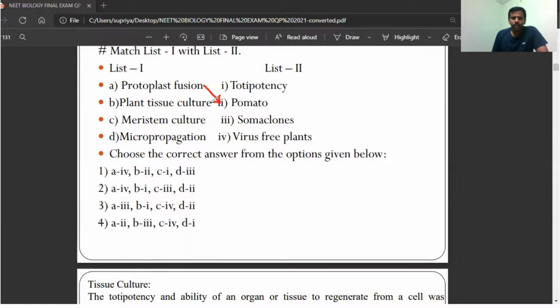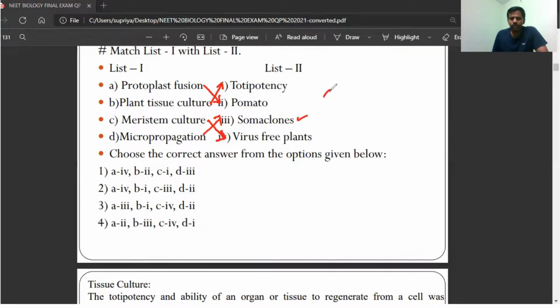Plant tissue culture, totipotency: with the help of totipotency, we can go to the plant tissue culture laboratory and develop an entire plant. Meristem culture, that is virus-free plants; the micropropagation, that is somaclonal variations.